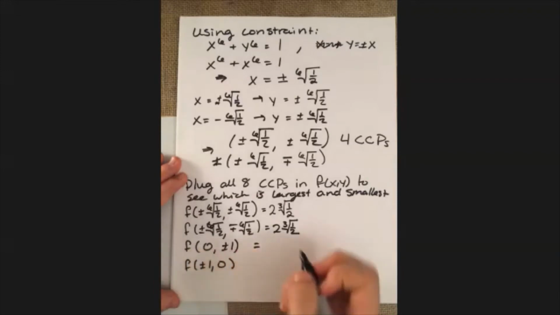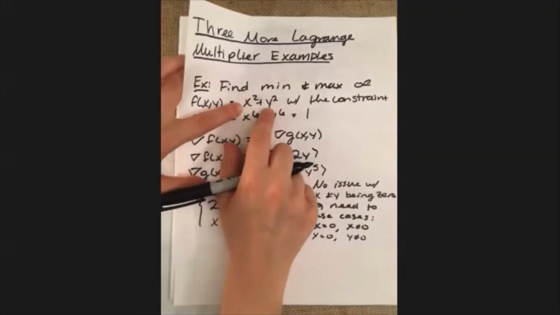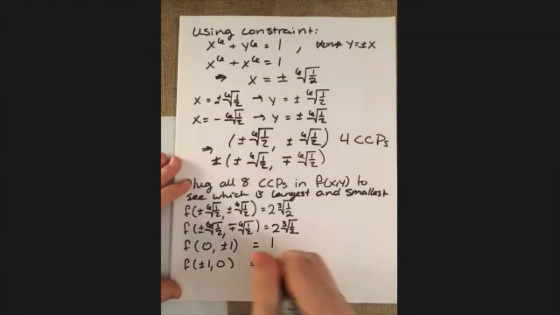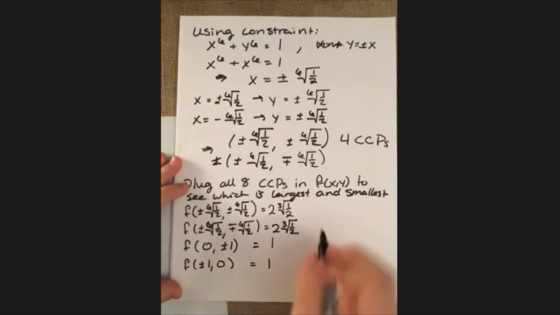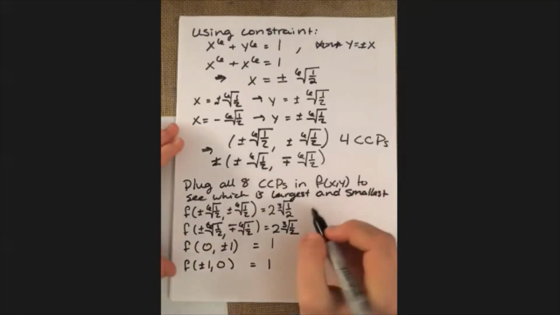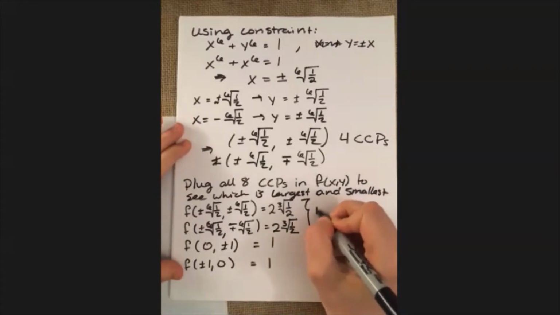So this guy right here, again, going back to our original function, we have a 0 and then 1. So it's just going to be equal to 1. And then plus or minus 1, it's going to be 1 plus 0. So you're just going to get 1. So as a result, we actually do wind up with kind of like a tie between these different points for largest and smallest. These 4 constrained critical points yield the maximums.